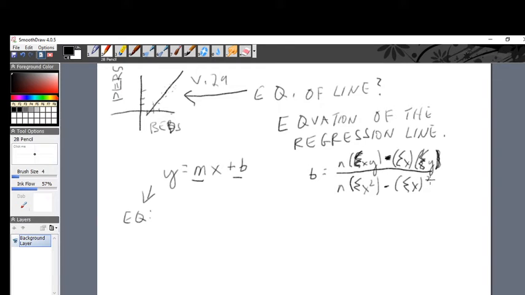And that's going to get us the slope, that m.